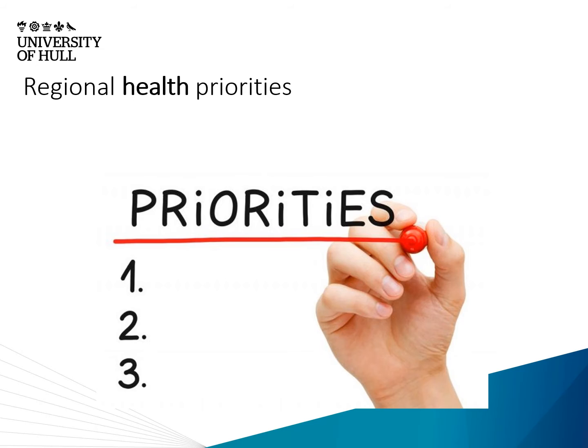So I must emphasize that none of this was imposed by GAPFON or imposed by Sigma or imposed by any particular country. We wanted this to grow organically and to find out from regions what they thought were their health priorities. So I'm just going to go through those regions now, really just as a matter of interest. And you'll see that there are some similarities and of course that there are also differences.